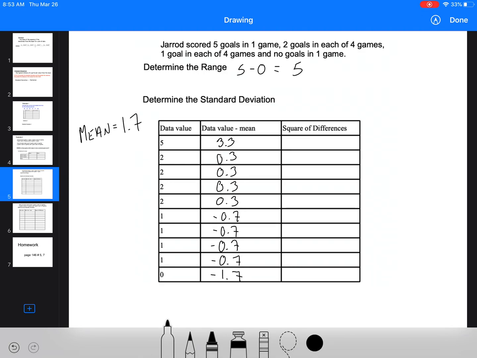Now remember, when we square these values, they're all going to become positive. So the first one is 10.89.